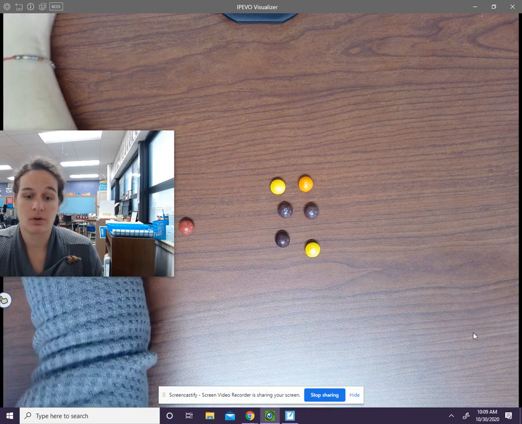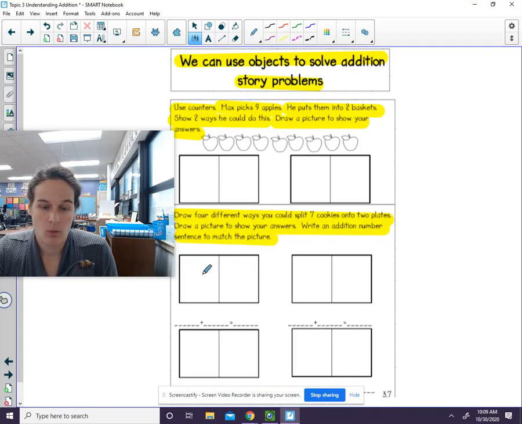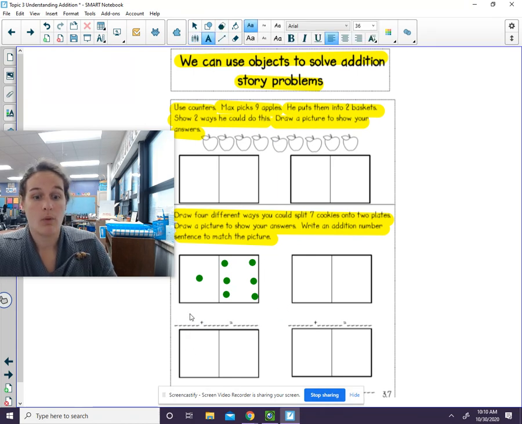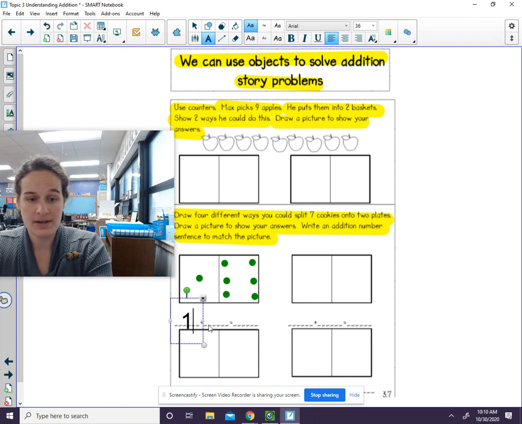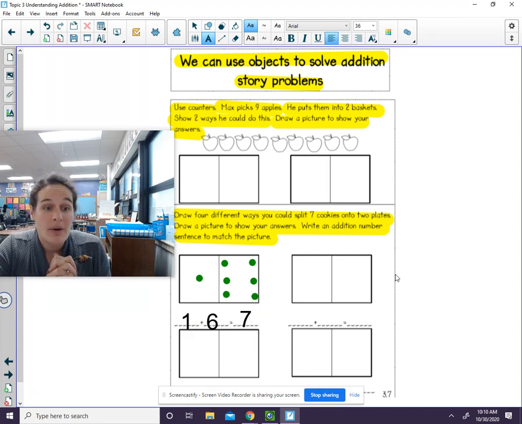So we'll go back and we're going to write that. 1 plus 6 equals 7. And now I have to write that as the addition sentence as well. So we just said it. 1 plus 6 equals 7. Okay, you go ahead and you practice your math sheet using those Skittles.